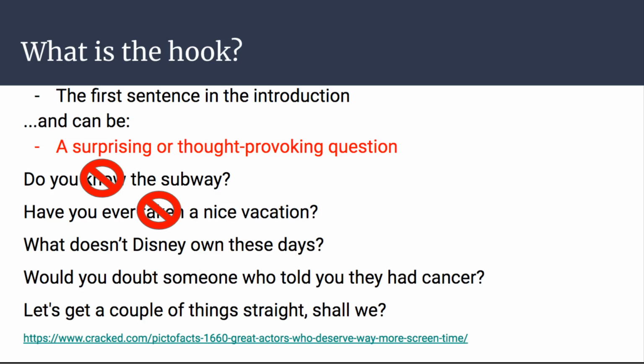So yes, we're starting more general, but we still have to be interesting. If we look at "what doesn't Disney own these days," there's kind of a feeling of accusation there. So already it's starting off negative on Disney. "Would you doubt someone who told you they had cancer?"